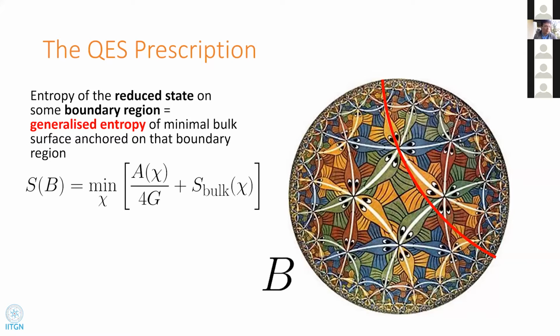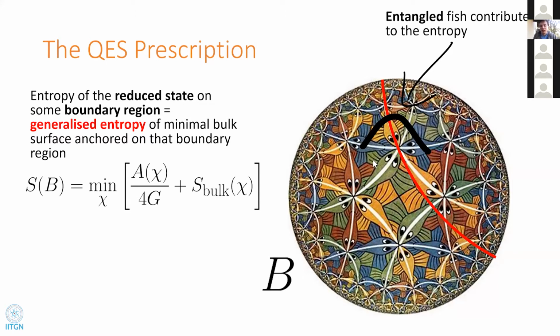You also need to include quantum corrections, and those quantum corrections just come from entanglement between quantum fields in the bulk that are entangled across this surface. More generally, it comes from the von Neumann entropy of all the bulk quantum fields in the region between the boundary region and the minimal surface.